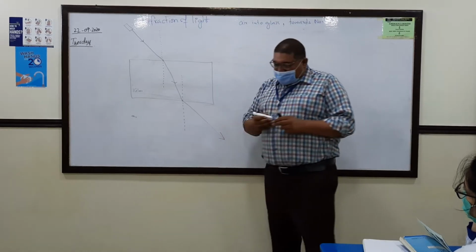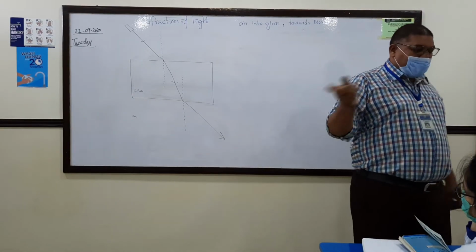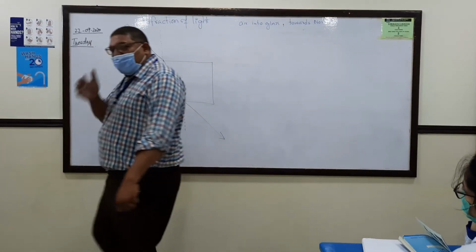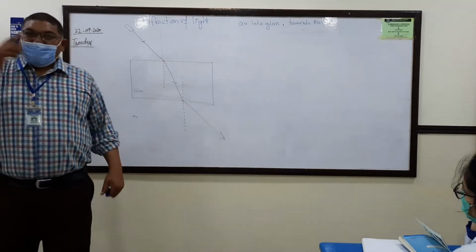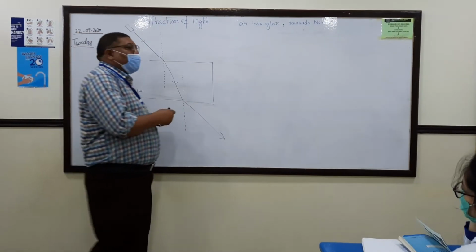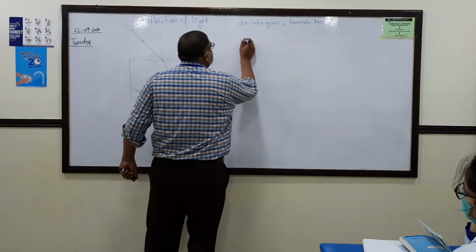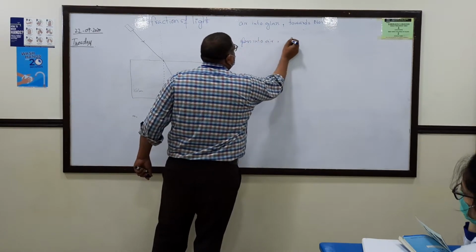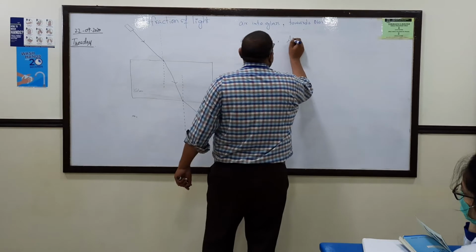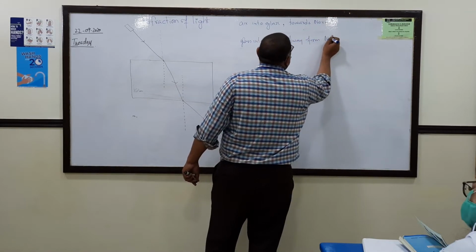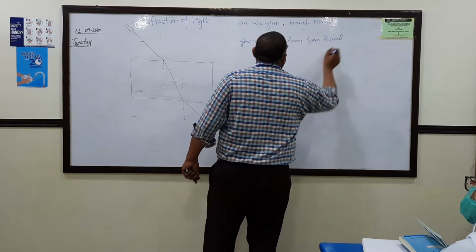When the light enters from air into glass, it always bends towards the normal. And when the light enters from glass into air, it bends away from the normal.